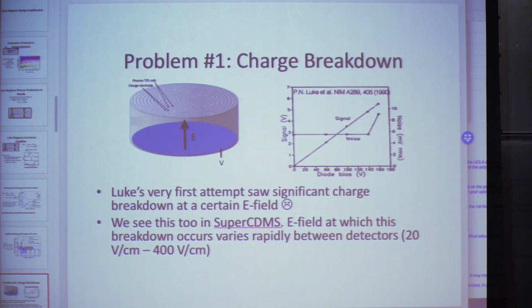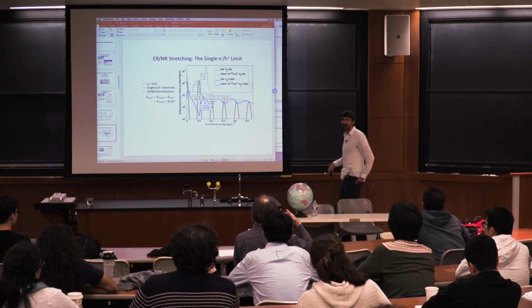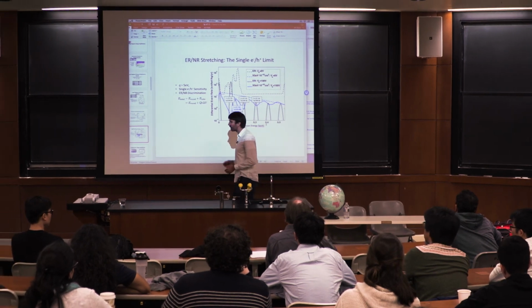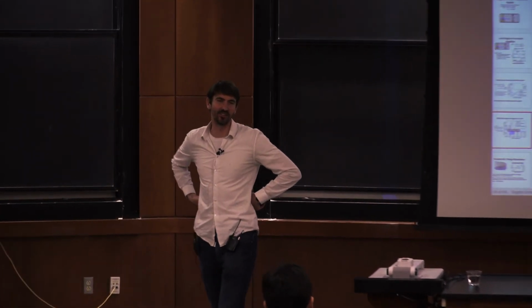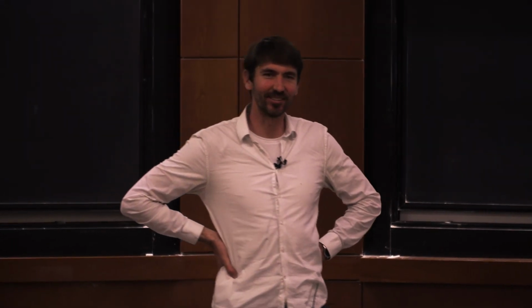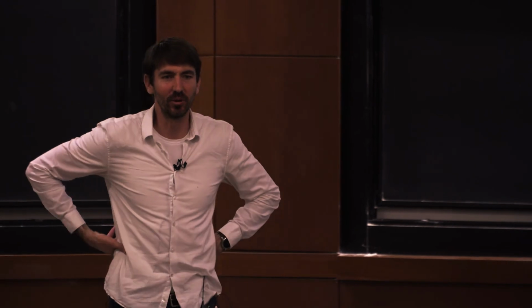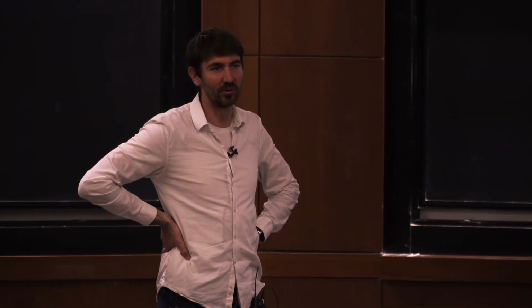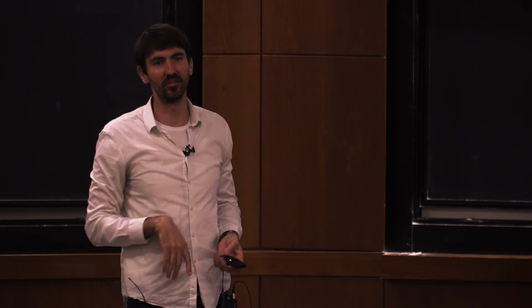How well does this trick work at the higher energy range? The answer is, it doesn't. As these things get spread out, think about Poissonian statistics: it goes as the square root of n. As those two peaks spread out, you'll start to lose this discrimination.